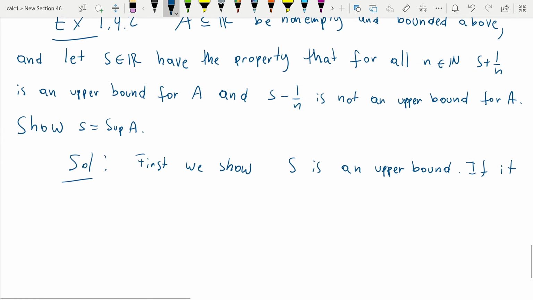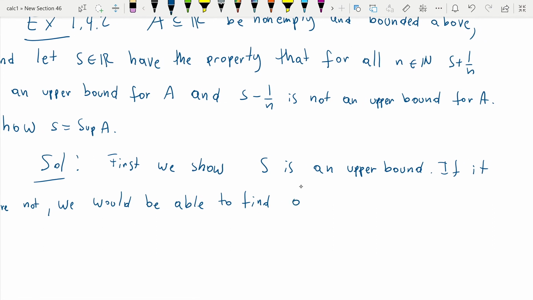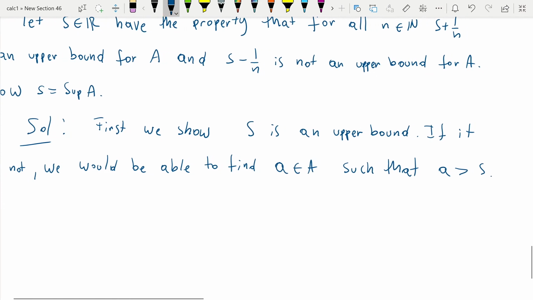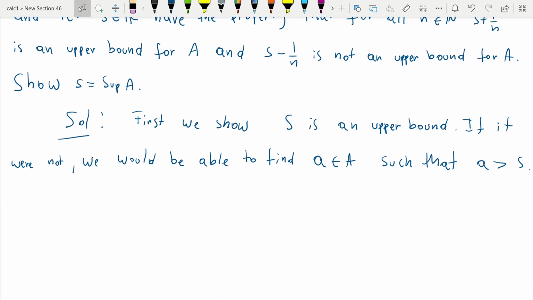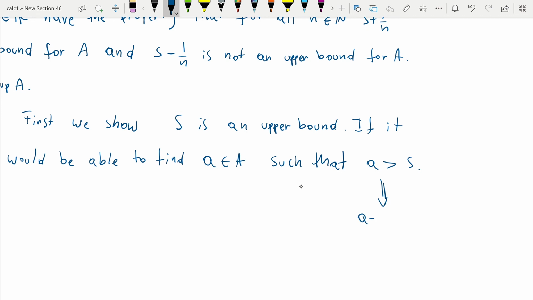If it were not, we would be able to find some element a in A such that a is bigger than S. This means a minus S is positive.